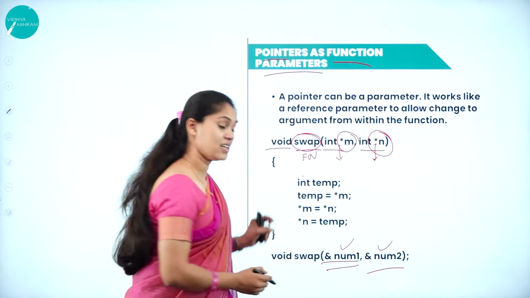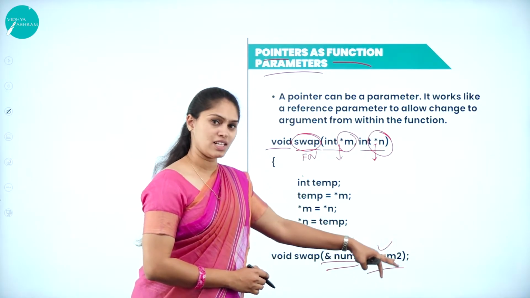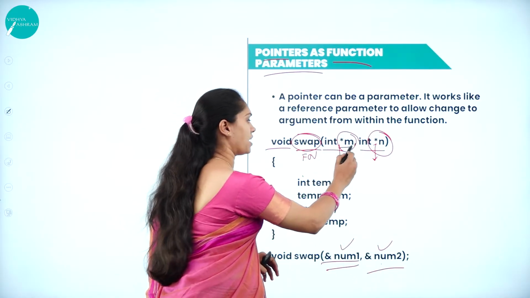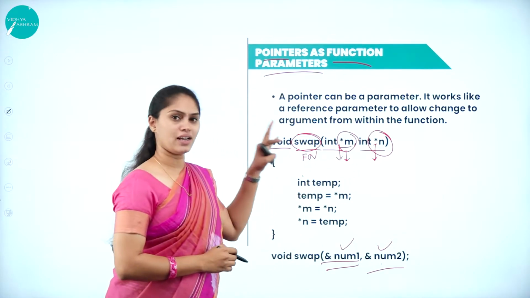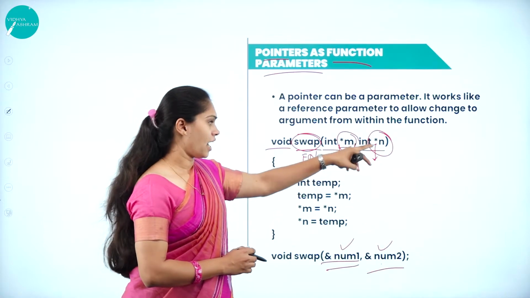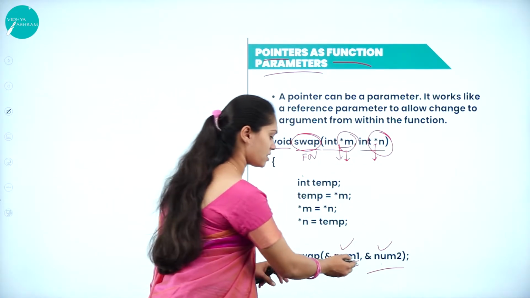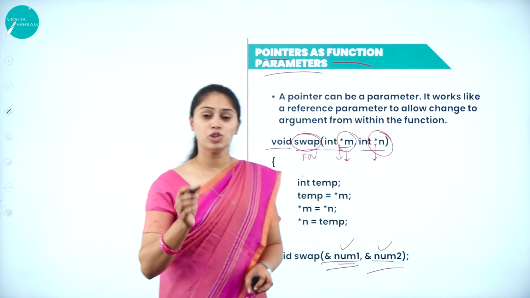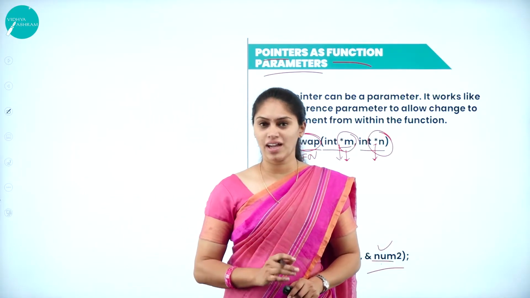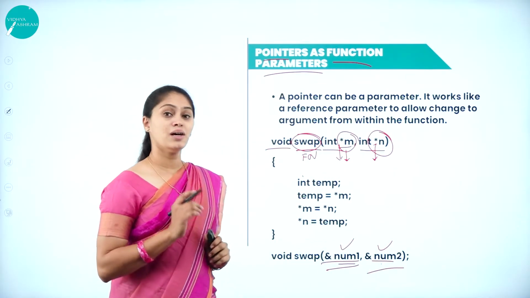Ampersand num1 represents the address of num1, and likewise the address of num2. This will be held by star m, that is the pointer operator along with the name of a pointer, that is m pointer and n pointer. So this will hold the addresses of num1 as well as num2.